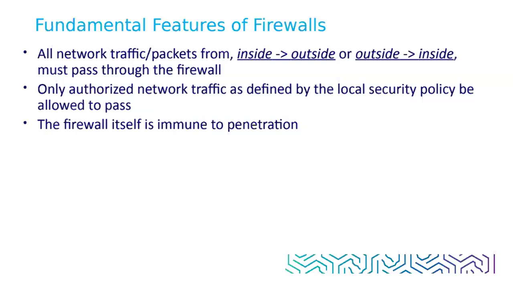So a firewall is effective only when it satisfies three fundamental features. First, all network traffic must pass through the firewall, ensuring that every packet is inspected. Second, only traffic authorized by the organization's security policy is allowed, preventing unauthorized access.